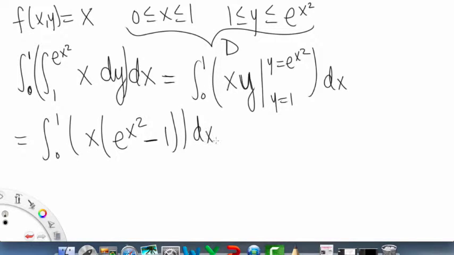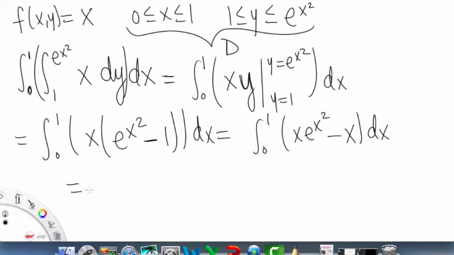Okay, so then when we distribute the x, we just get x times e to the x squared minus x times dx. Okay, and at this point I'm going to just split it up into 2, so it's a little bit more simple. So x times e to the x squared, dx, can't forget the dx, minus the same thing here.